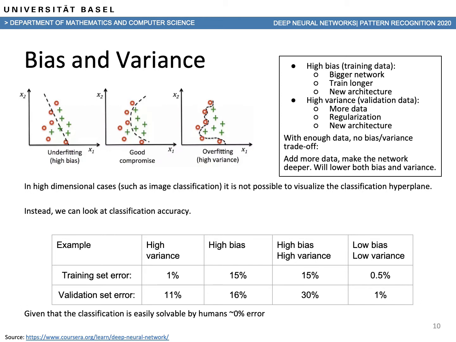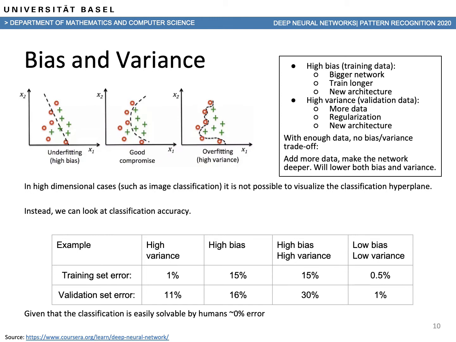Then if you have a high variance, you would usually look at your validation data, where you would be looking at, could I add some more data to my validation set and also to my training set? Can I do some kind of regularization to hinder that I am overfitting, and maybe also a new architecture. And the general thing here is if you have enough data, you would not have any bias variance trade-off.